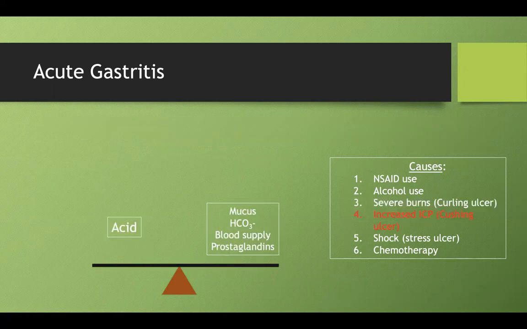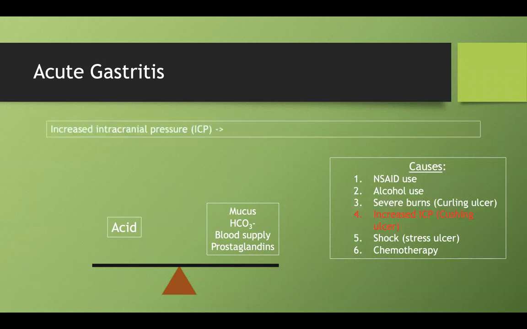Increased ICP can cause something called Cushing ulcers. So how this works is that increased intracranial pressure will overstimulate our vagus nerve. And remember, our vagus nerve was important. It had two different pathways. It had the M3 pathway and the GRP pathway to ultimately increase hydrogen ion secretion through that hydrogen potassium ATPase.